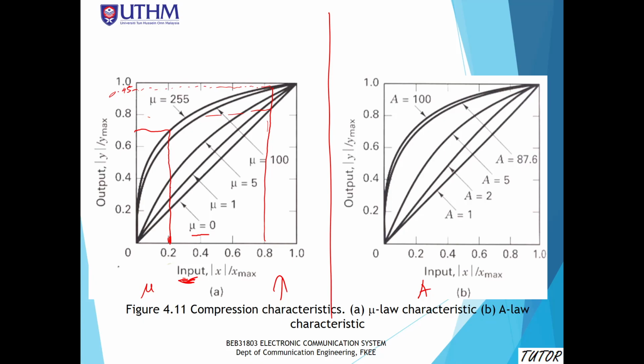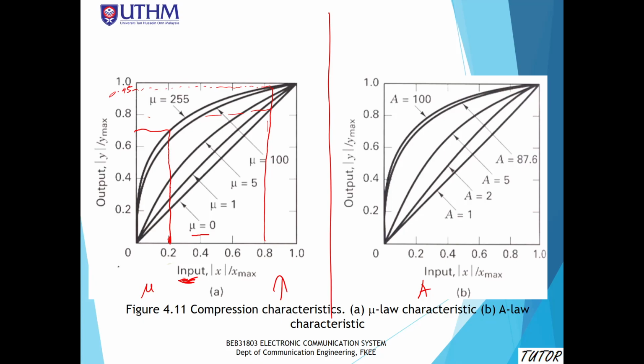So tujuannya, the purpose is that we want to increase the small input amplitude, and for the small amplitude we increase more. For the high amplitude, maybe we just increase it a little bit or just keep it the same. Okay, so we do the distorting. So this is what we call distorting the signal.